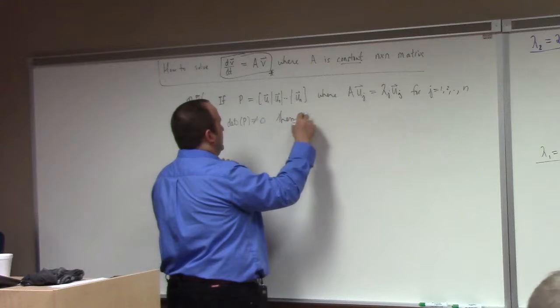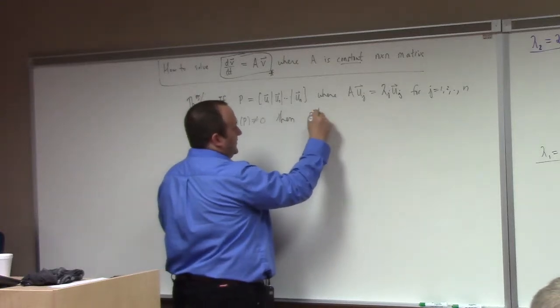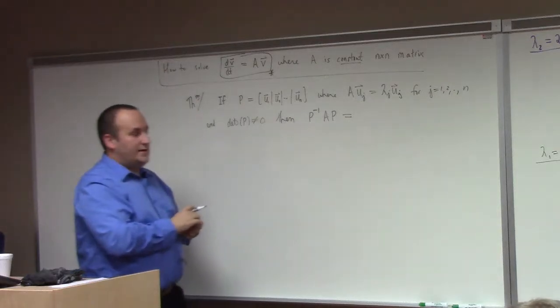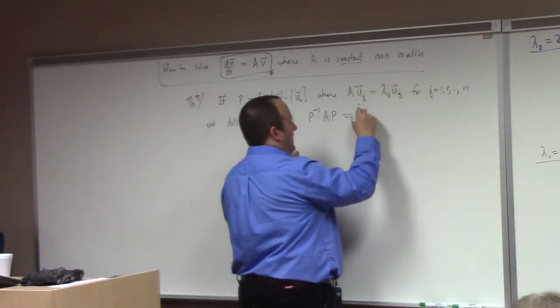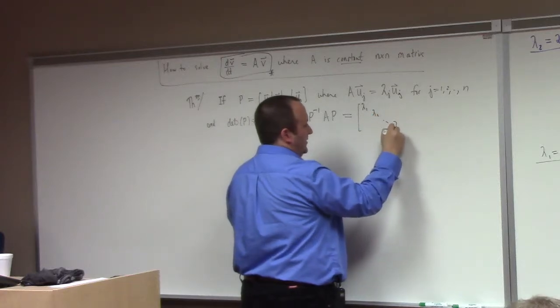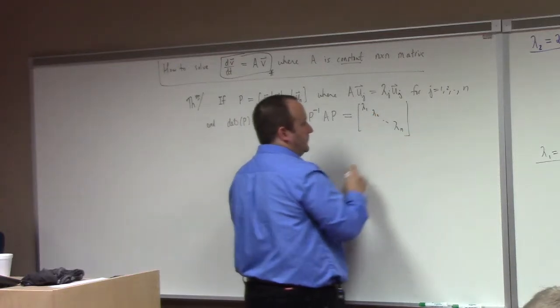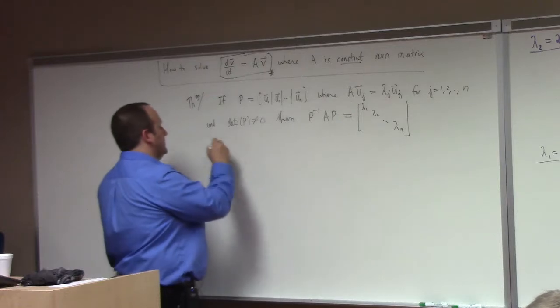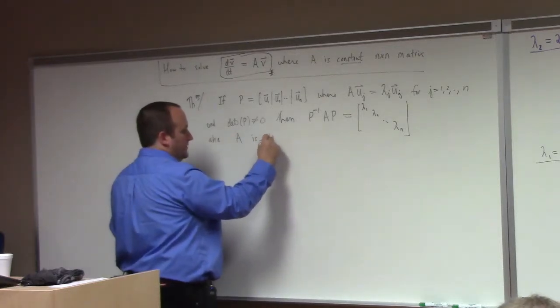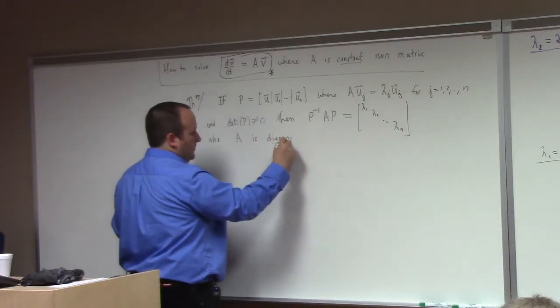The cool thing is you can show then that P inverse AP is a diagonal matrix, and its diagonals are the eigenvalues, lambda 1, lambda 2, lambda n. In other words, A is diagonalizable.